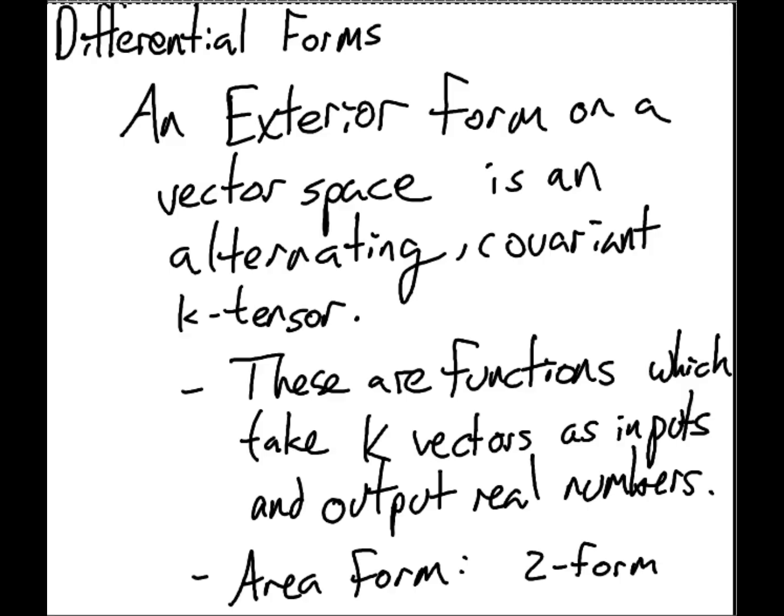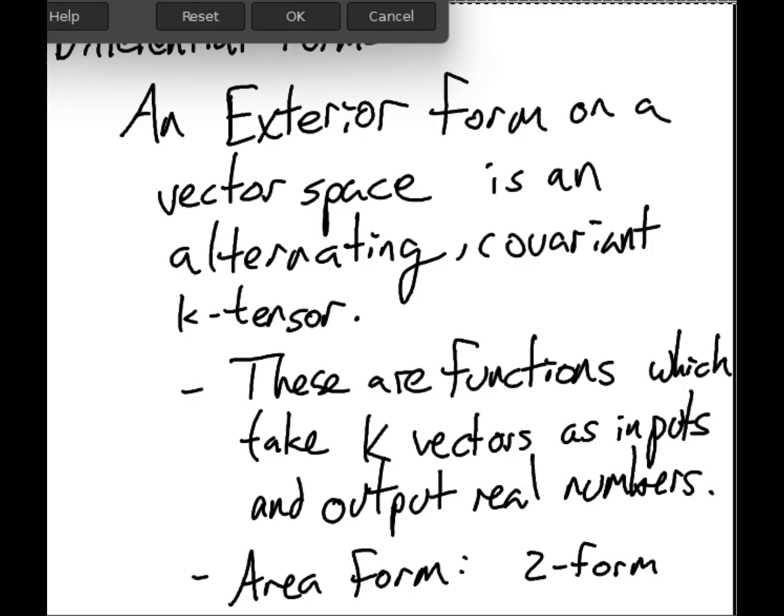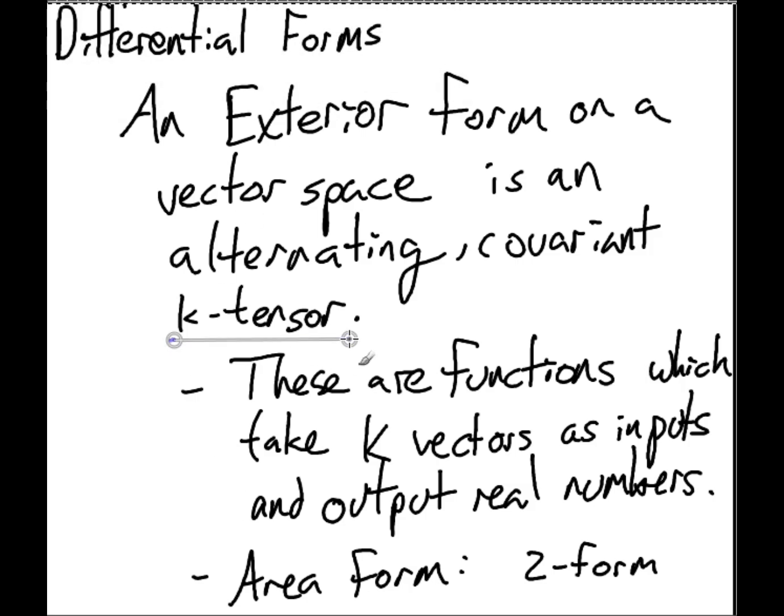So we're going to start with the vector space setting. We describe an exterior form on a vector space as an alternating covariant k-tensor. The part where we say that this is a k-tensor says that it is going to accept k vectors. If you have v_1 through v_k, this is how you're going to enumerate your vectors. You're going to feed this into a function.